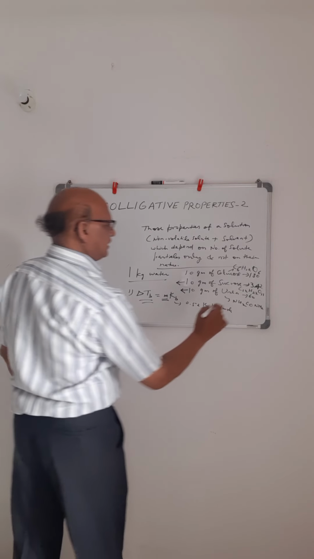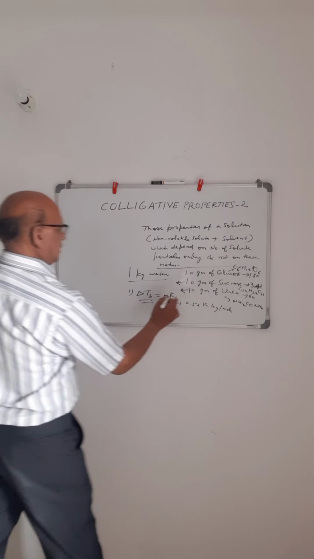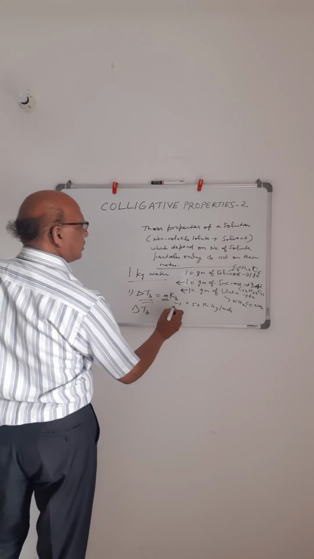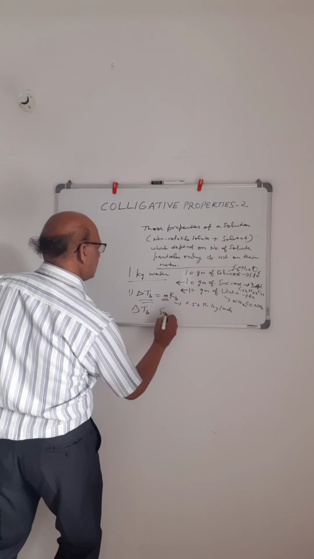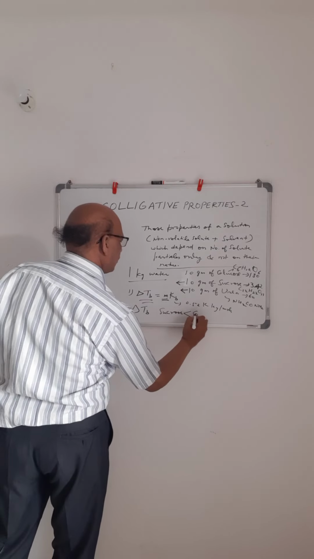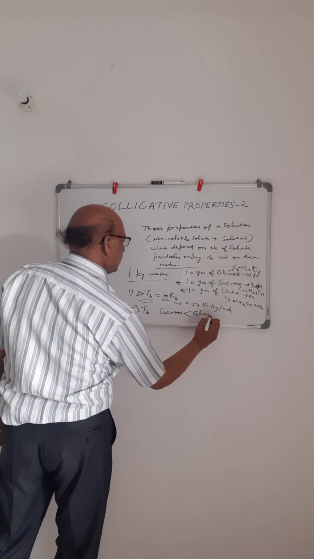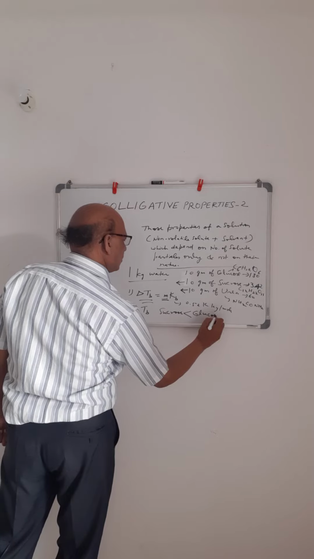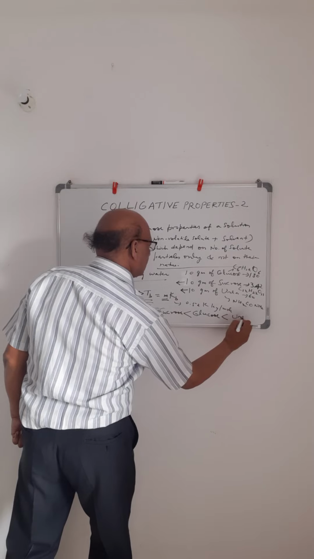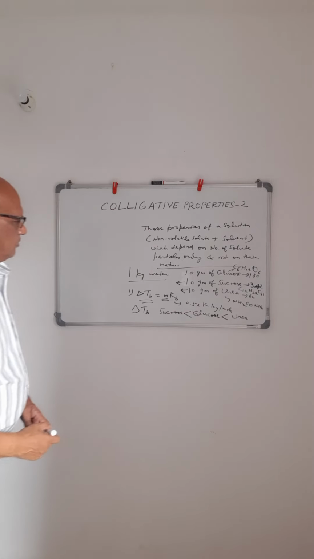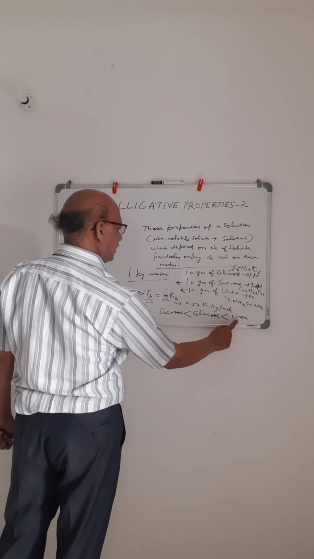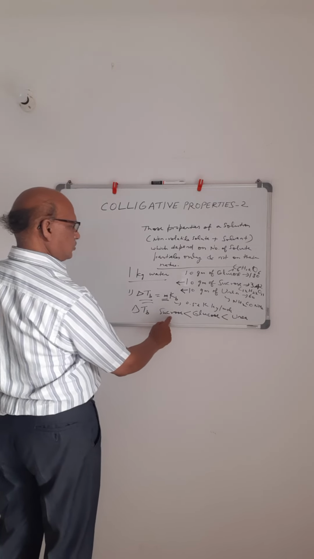So delta TB for sucrose will be less than that for glucose, and that will be less than that for urea. Okay, because number of moles will be maximum in urea and minimum in sucrose.